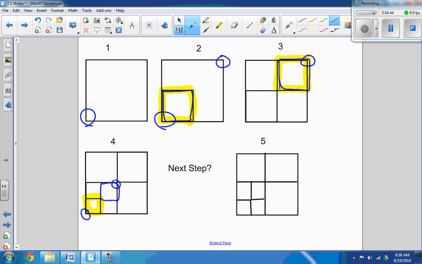But that's not the only possibility. Maybe the pattern was supposed to then add a square in this corner. So instead of this corner being where the next smaller square goes, it starts up in here.